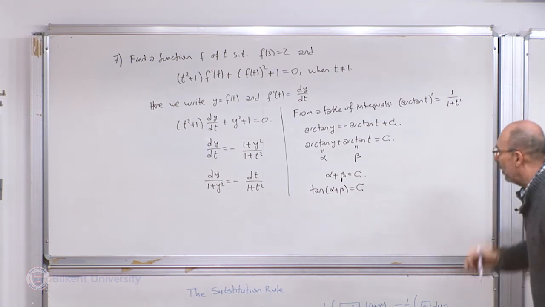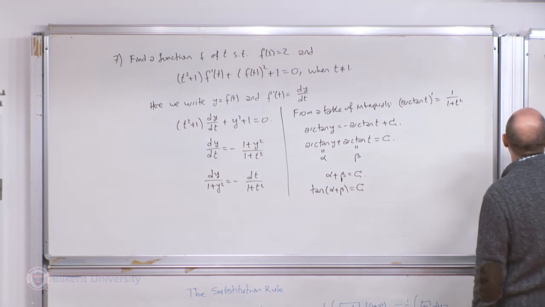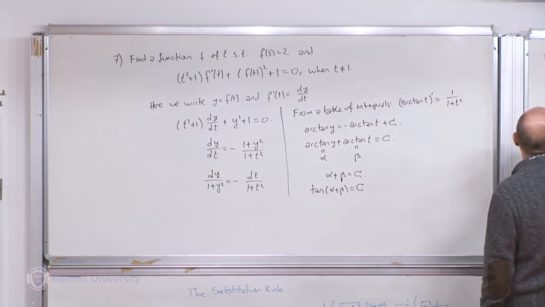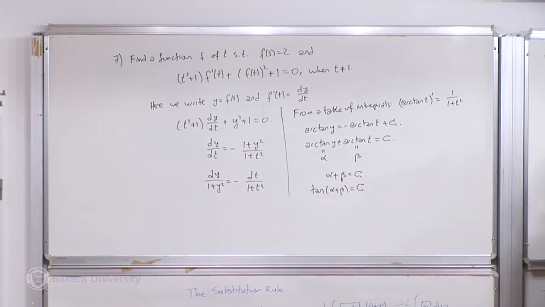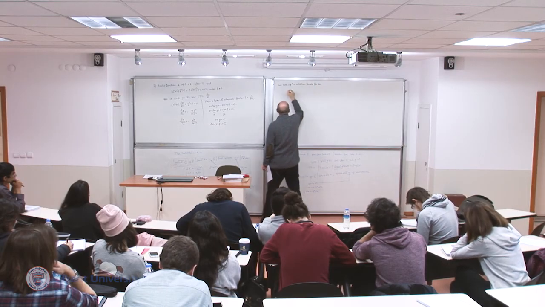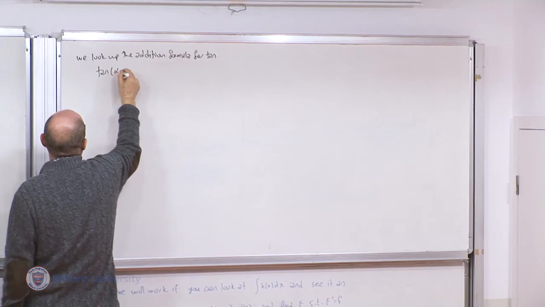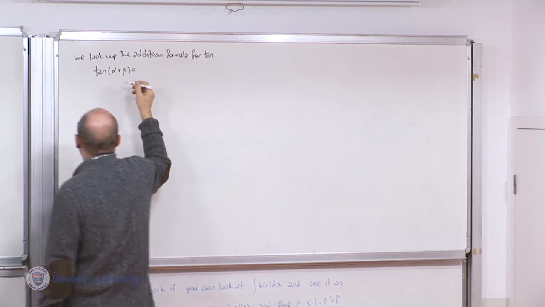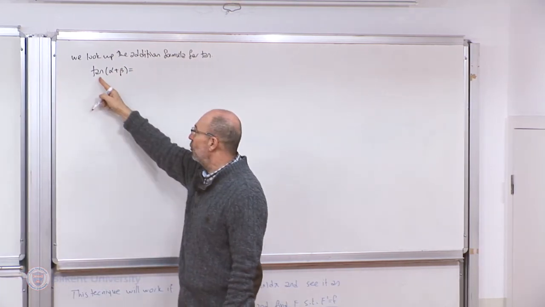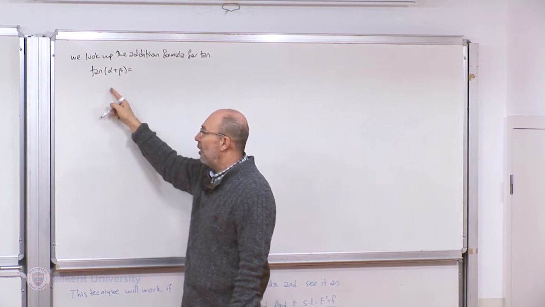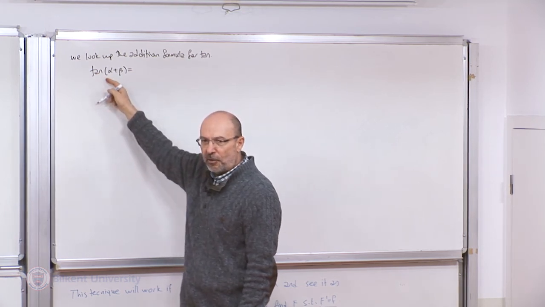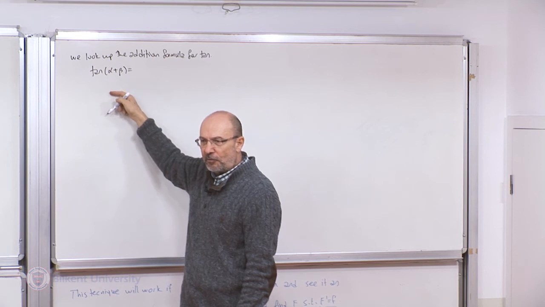So we remember the formula, or we look up the addition formula for tangent. Tangent of alpha plus beta is easy because you look at it as sine of (alpha plus beta) over cosine of (alpha plus beta). I know the addition formula for sine and for cosine.